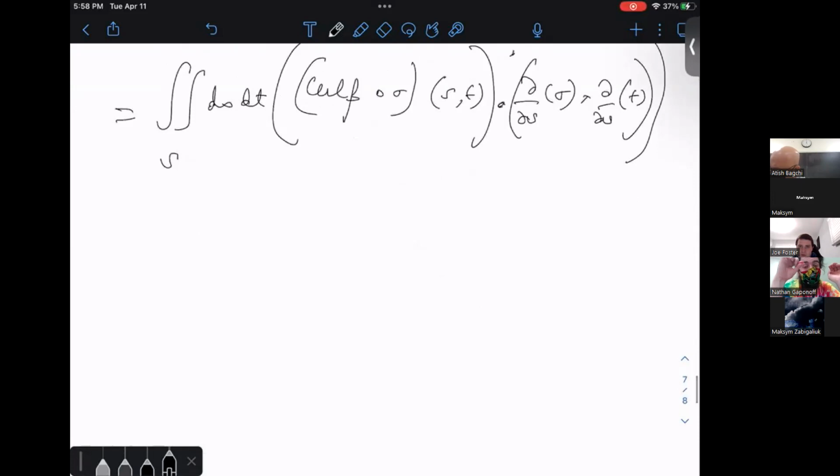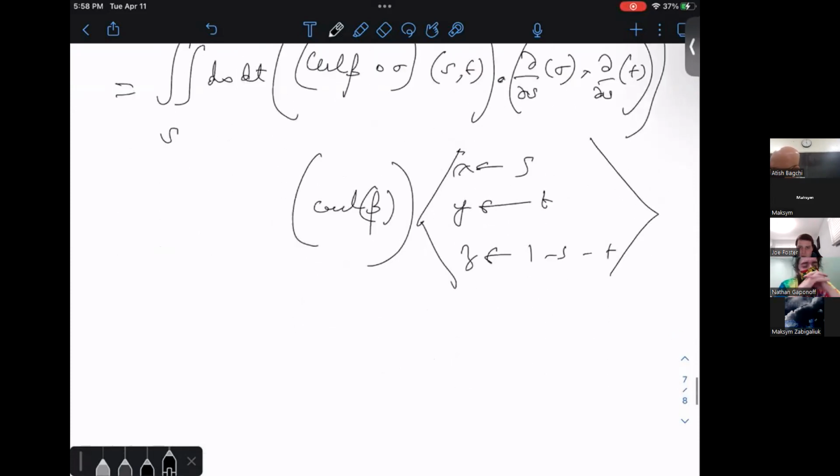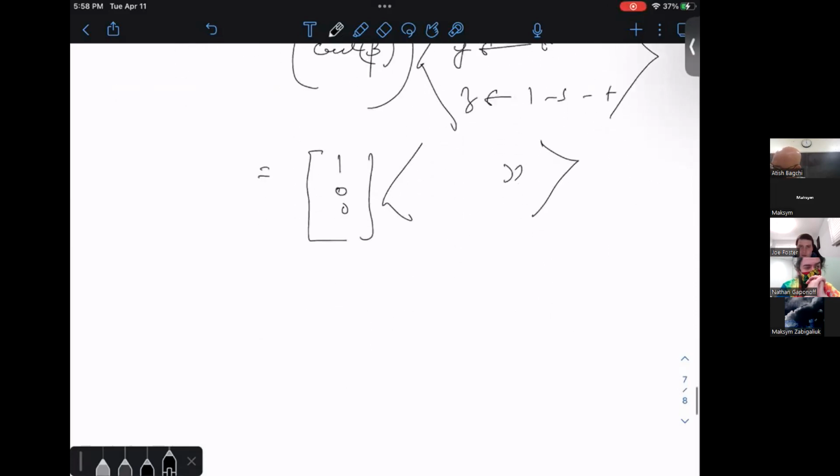Now curl of beta with x replaced with s, y replaced with t, z replaced with 1 minus s minus t is equal to, what was curl of beta? 1, 0, 0.